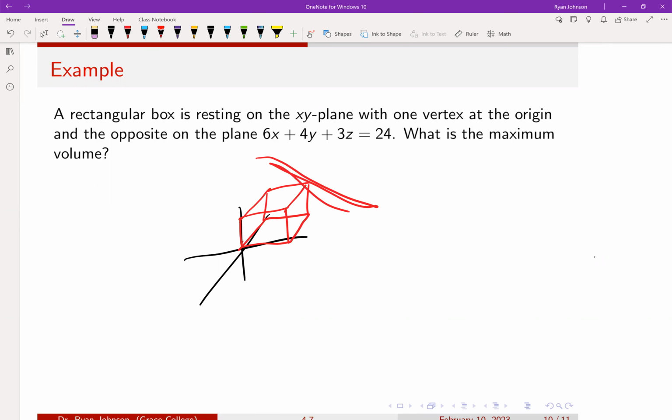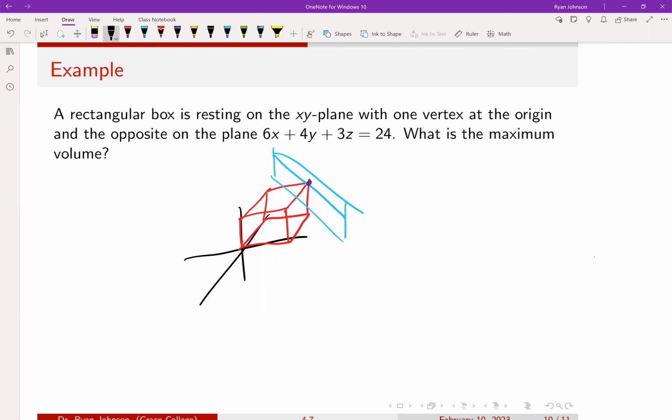Let's draw the plane with blue. There's going to be this plane right here. And this point right here, that purple point, is both the opposite corner of the box and on the plane. We want to find the maximum volume possible for this box.